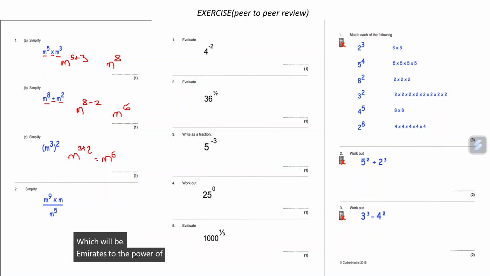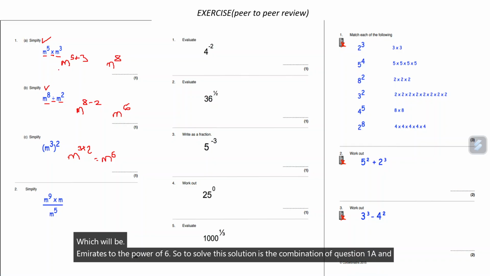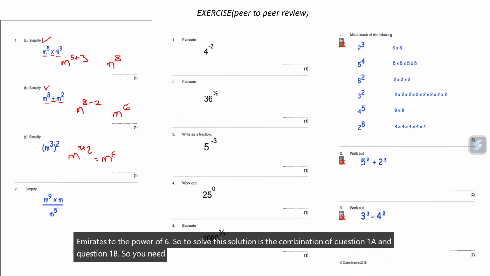So to solve this, the solution is the combination of question 1a and question 1b. So you need to apply these two rules to this question. So you can see m raised to the power 9 times m.